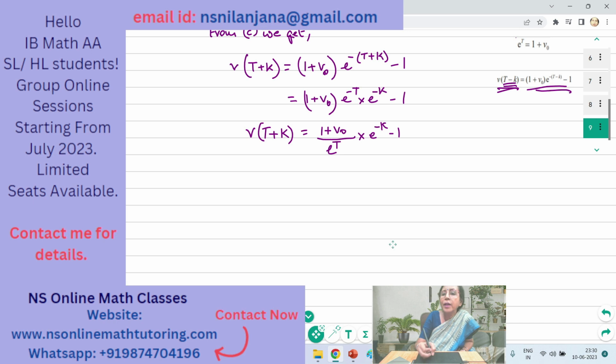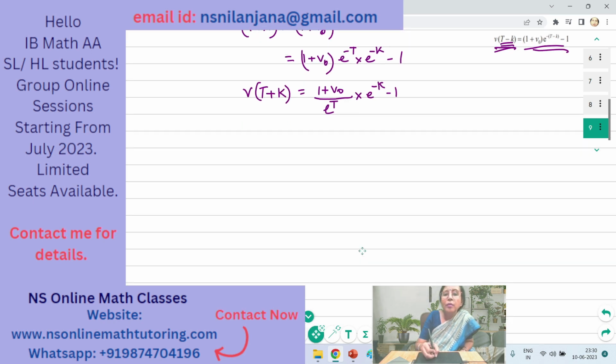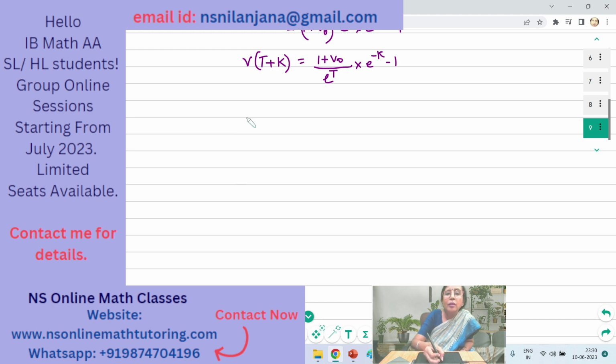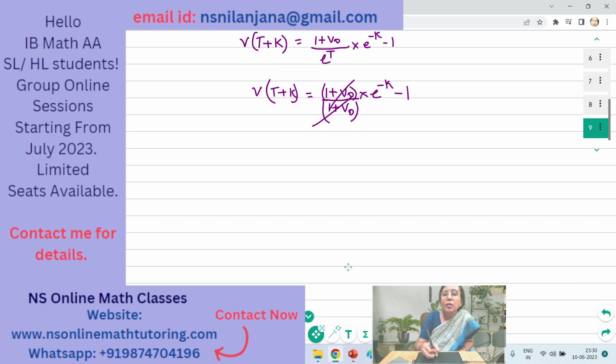And what is e to the power of capital T? It is 1 plus V0. So V of capital T plus k is equal to 1 plus V0 over 1 plus V0, times e to the power of negative k, minus 1. And these two will be cancelling each other.